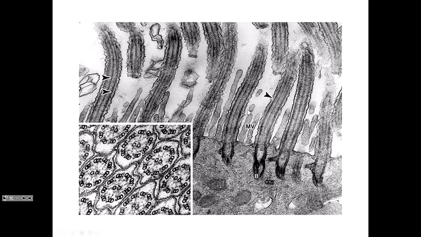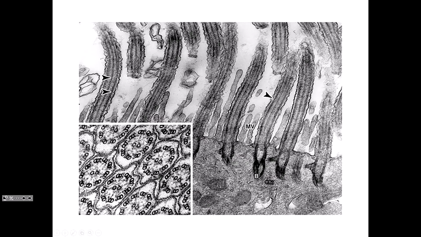Now, true cilia in cross-section, if they're motile cilia, contain a 9+2 arrangement of microtubules. That is a unique, distinct histological feature of the axoneme.